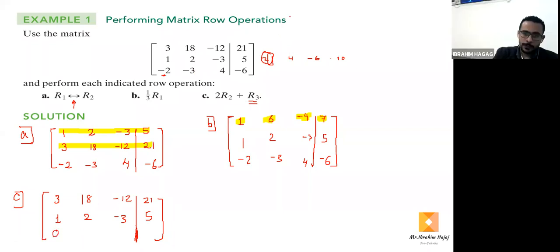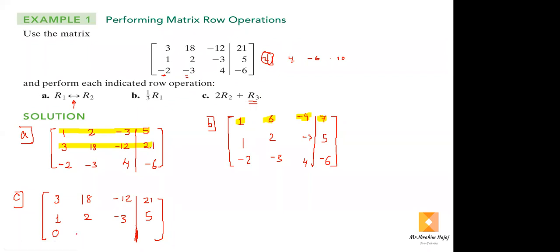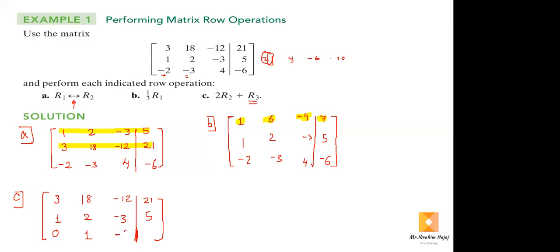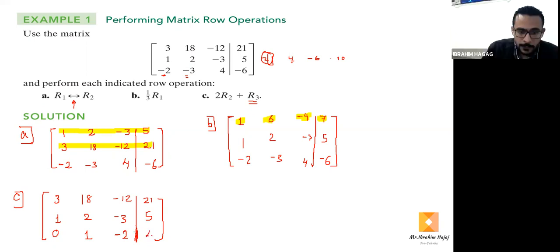Then 4 plus -3 gives 1. Then 4 and -6, and -2, and 10 and negative 4. Row 3 will be 0, 1, and the rest of the values.